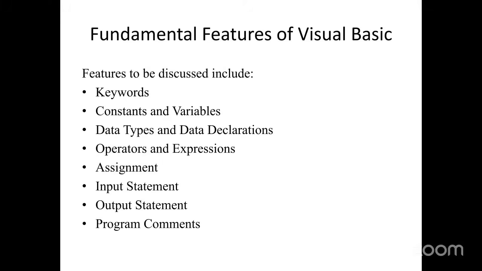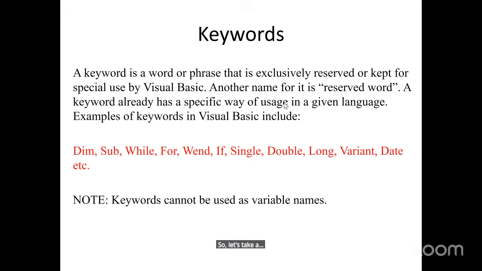So let's take a typical aspect: the keywords. What are keywords? A keyword is a word or phrase that is exclusively reserved or kept for special use by Visual Basic. What we are saying is that these keywords cannot be used for any other thing apart from their predefined meaning.